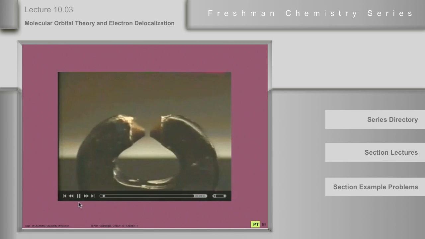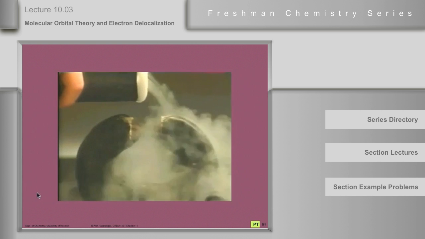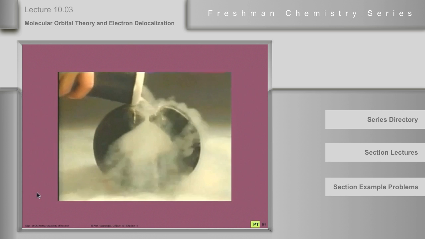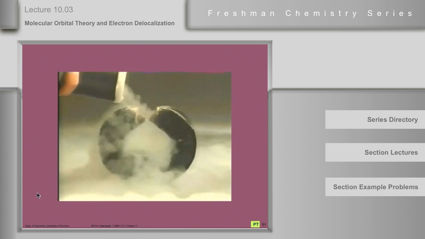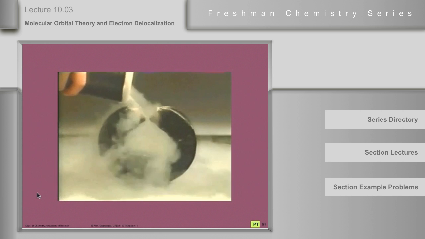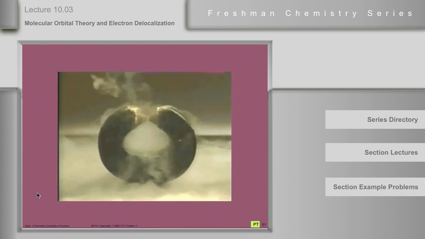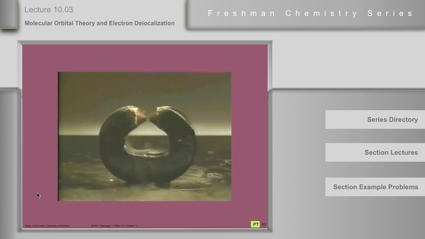This magnet is very strong. The poles of the magnet are 1 centimeter apart. Focus your attention on the poles of the magnet. The Dewar flask, or thermos, contains liquid nitrogen at a temperature of 77 kelvins. It just pours straight through. Liquid nitrogen. The magnet's cold.